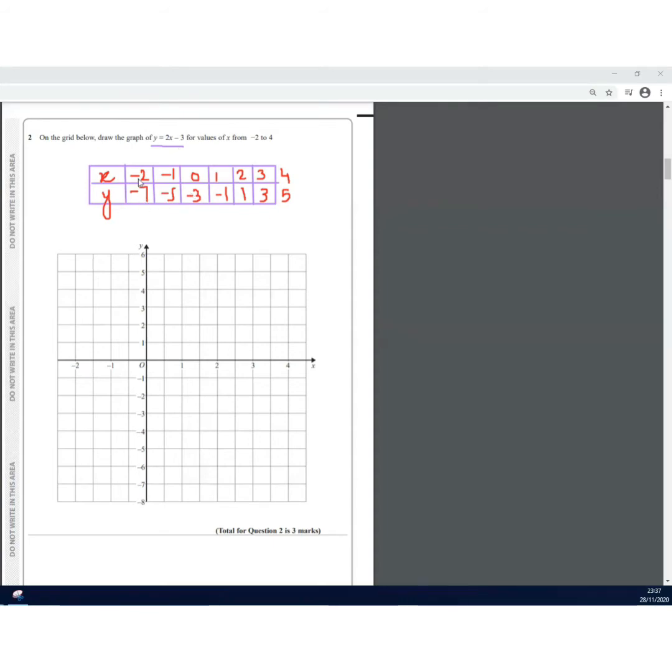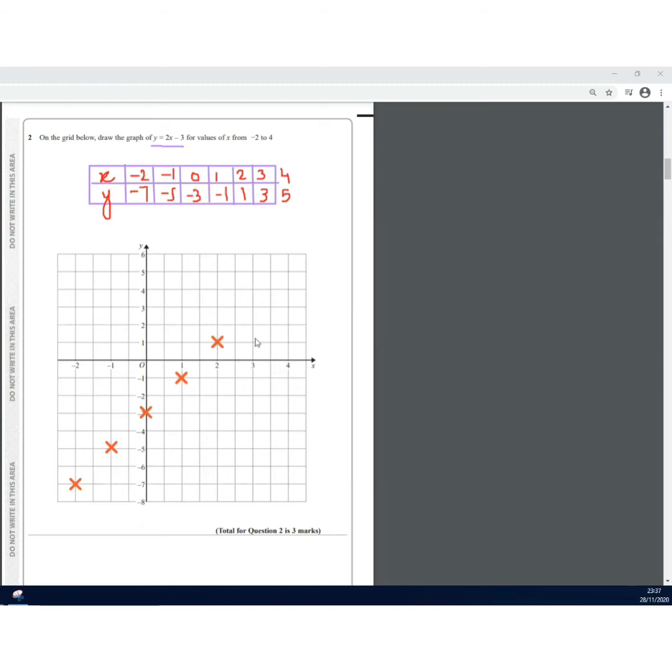When x equals -2, y is equal to -7. First point will be there. When x equals -1, y is equal to -5. When x equals 0, y equals -3. When x equals 1, y is equal to -1. When x is equal to 2, y is equal to 1.